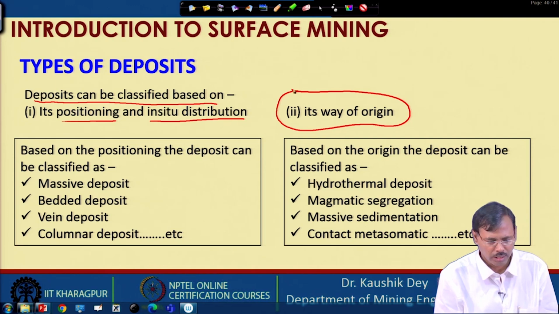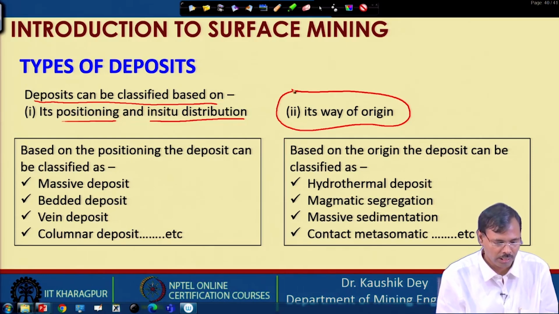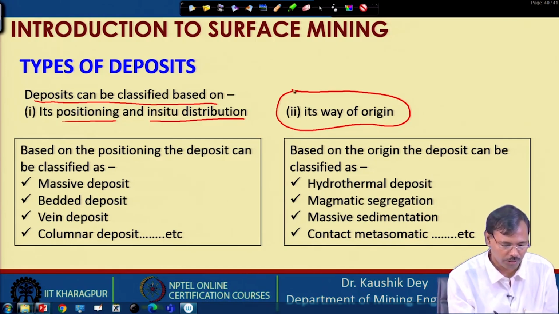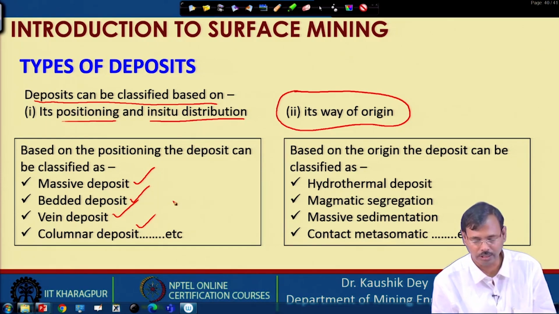There is no particular formula or rule for how the deposit will be lying inside the earth crust, but depending on that there may be different types of deposit. Some of the common deposits can be named as massive deposit, bedded deposit, vein deposit, columnar deposits, etc.